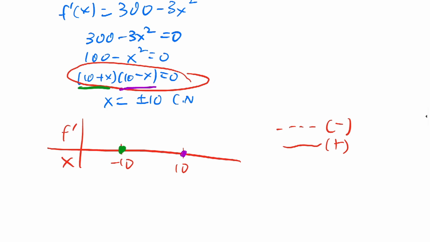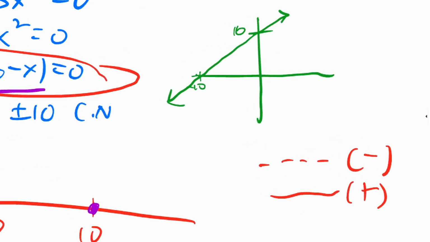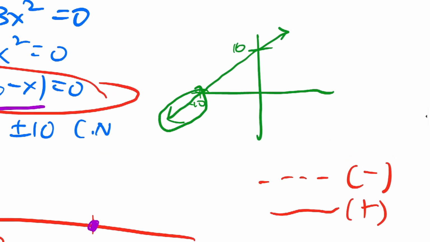Start with green. If you drew this function, it would look something like this. Let's say this is x equals 10, and this is negative 10, right? So negative 10 is an x-intercept. So every number before negative 10 is negative.